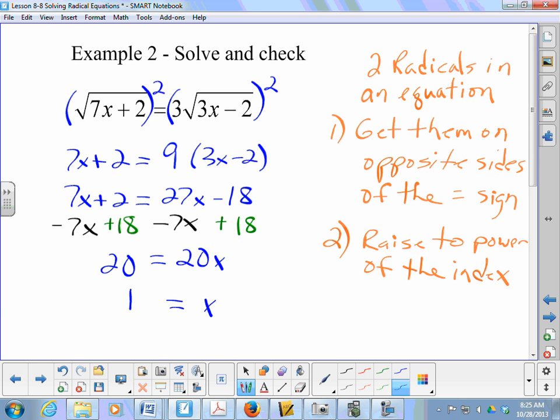And you need to make sure that you do check your answer. Put 1 in for x. On the left side, we get the square root of 7 times 1, which is 7, plus 2. So we have the square root of 9 on the left.